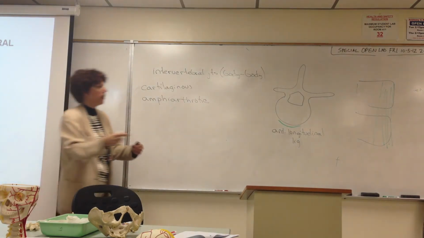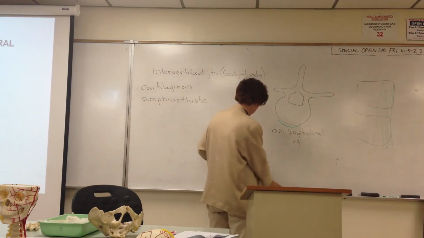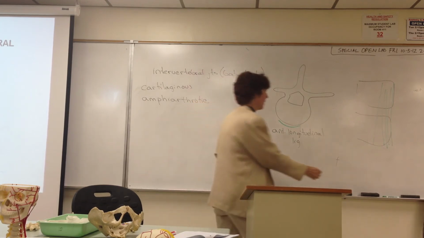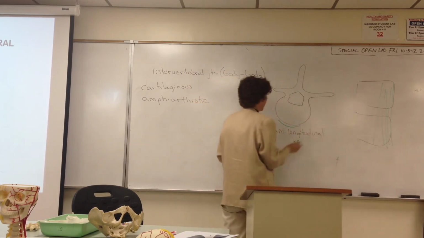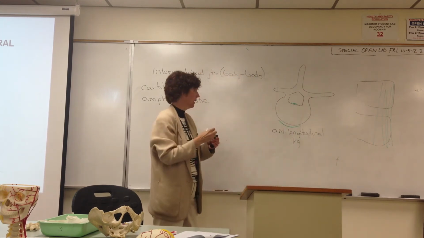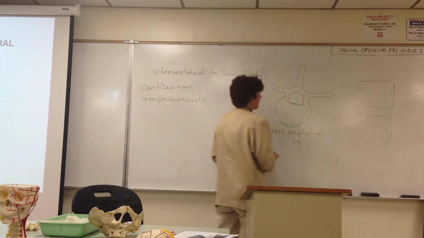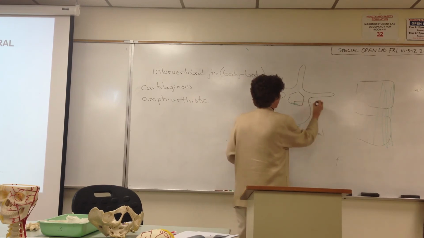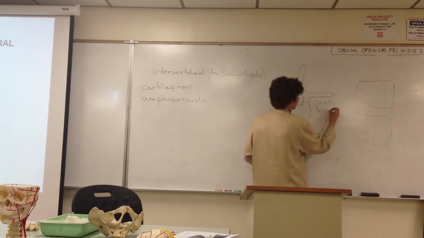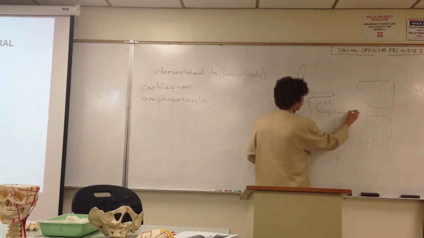Then on the posterior surface of the body, within the vertebral canal, we would have a much more narrow band running the length. No big surprise, this is known as the posterior longitudinal ligament.